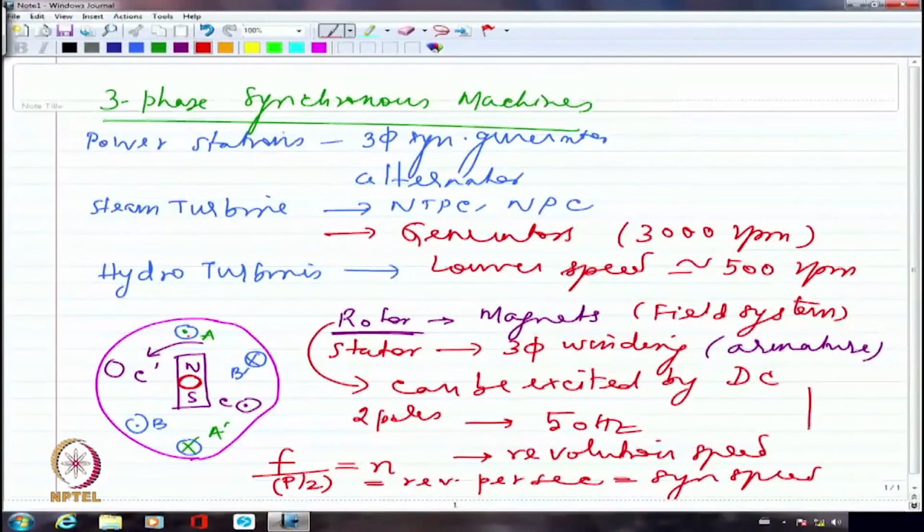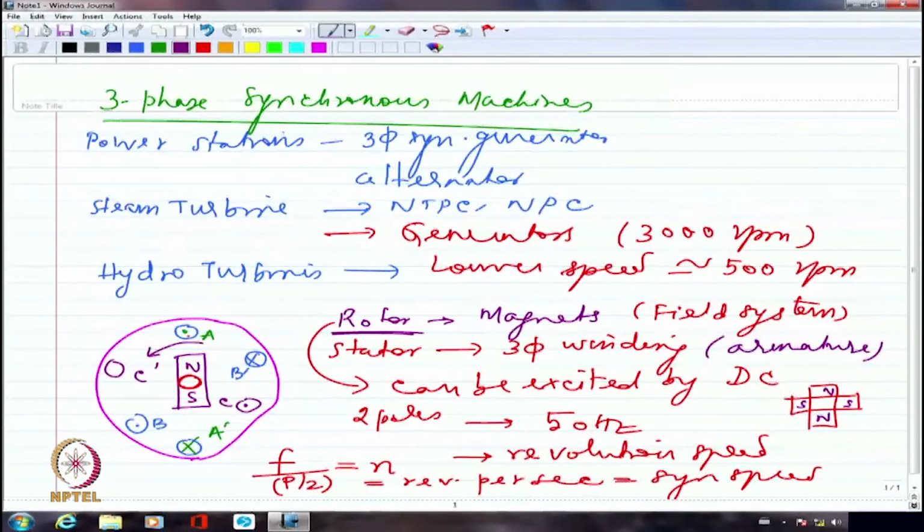Instead, if I have a north pole and south pole repeating twice, so maybe this is north pole, this is south pole, this is north pole and this is south pole, then the north pole is going to be faced by A phase winding twice, in which case the frequency of the induced EMF can increase further. So I would be able to get more and more frequency if I rotate the field system at a higher speed, or if I multiply the number of poles. Either way, I should be able to get a higher frequency.